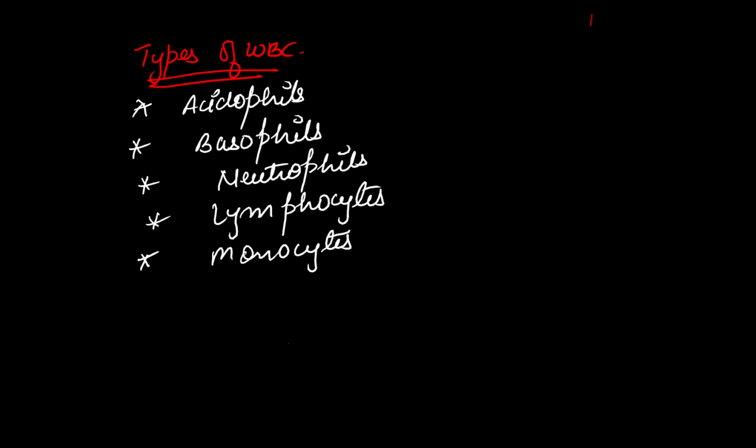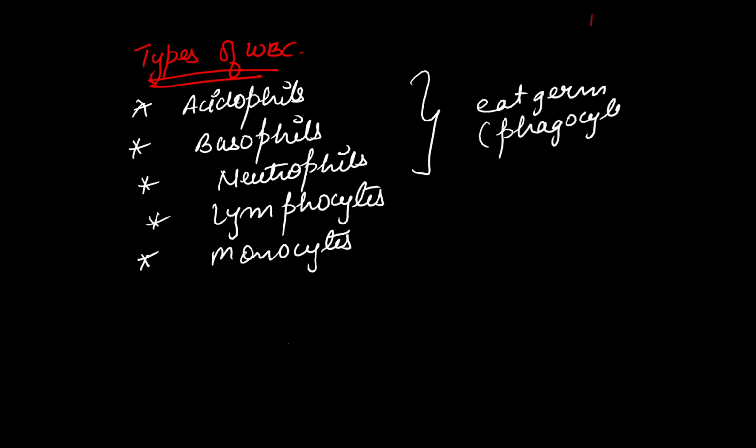Some white blood cells can eat germs. They show phagocytic activity, so these are phagocytic cells. While other WBCs make chemicals, antibodies, against the antigen to fight infection. It means if any virus or bacteria enters your body, it is known as an antigen.